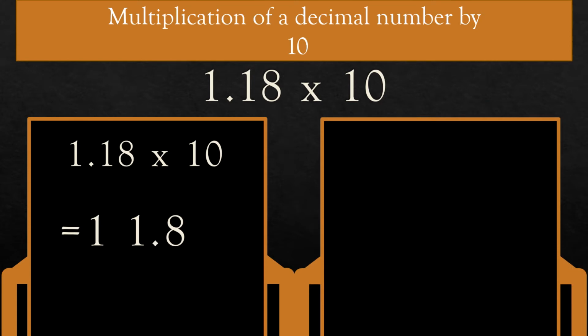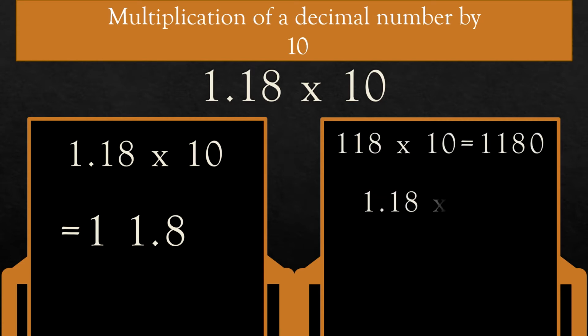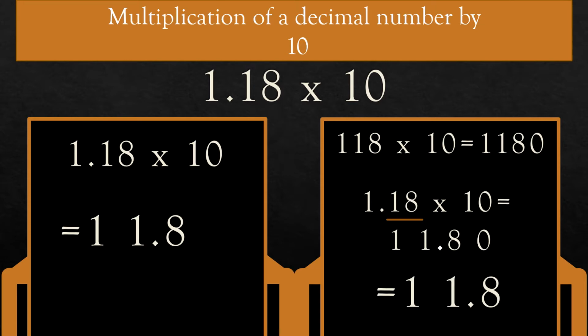Another way: multiply 1.18 by 10, ignoring the decimal point, and everyone knows 118 multiplied by 10 is equal to 1180. Then tell me how many digits after the decimal in 1.18? Yes, 2. So count 2 digits from the right, 1, 2, and place the decimal in the product. So the answer is 11.80. That is 11.8.